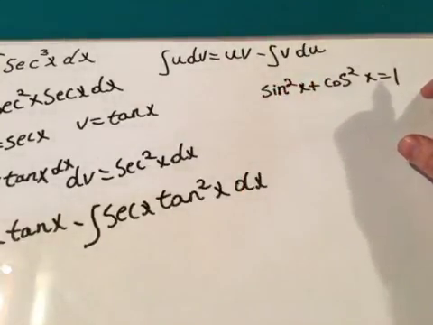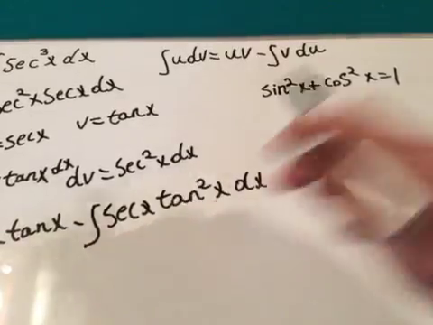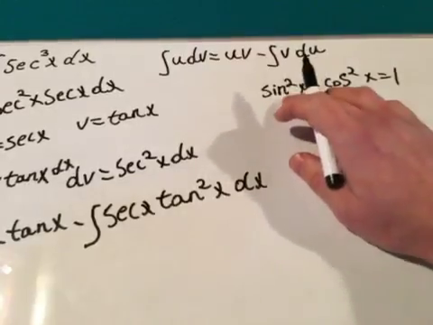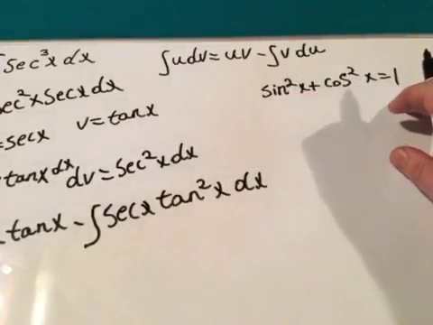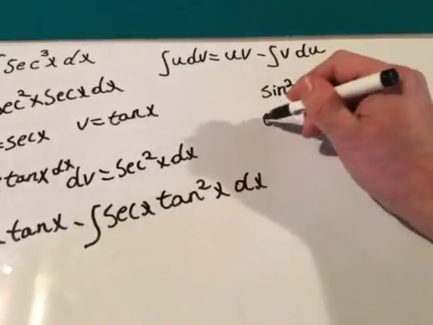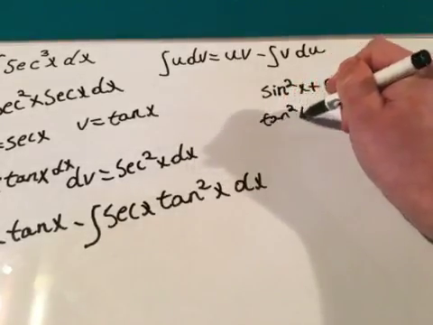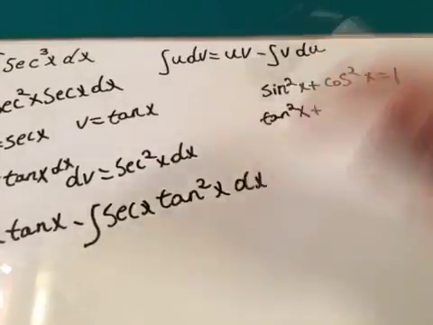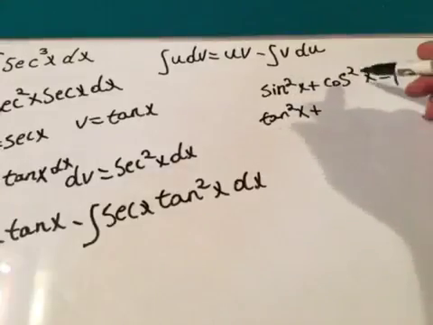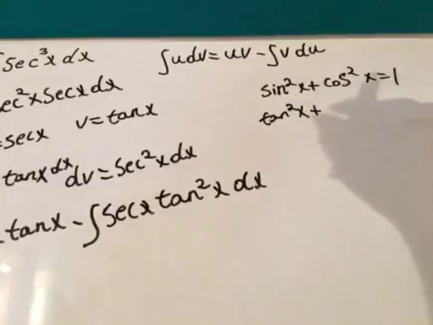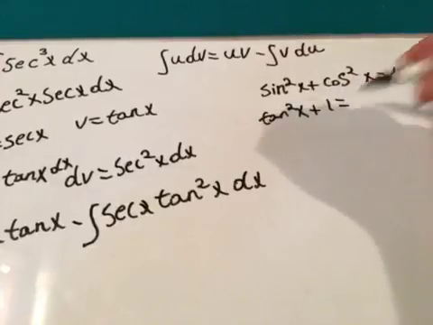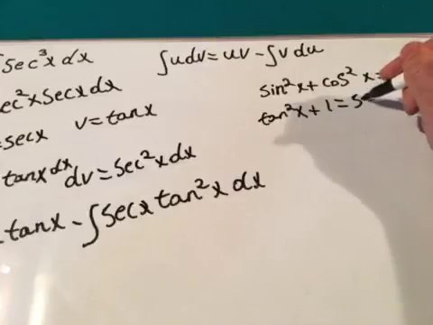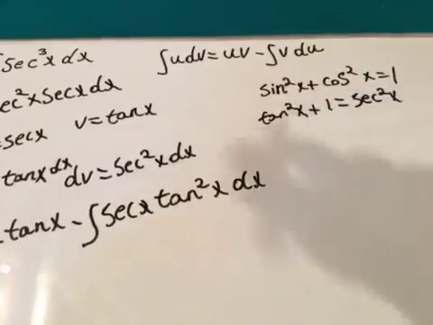So I want to know what tangent squared x is. Well, I know sine over cosine is tangent, so I can divide everything here by cosine squared. And I get tangent squared x, that is sine squared over cosine squared, plus, I'm dividing everything by cosine squared, so this is going to become 1, right? Cosine squared x over cosine squared x is plus 1 equals 1 over cosine squared. 1 over cosine is secant, so that's secant squared x.